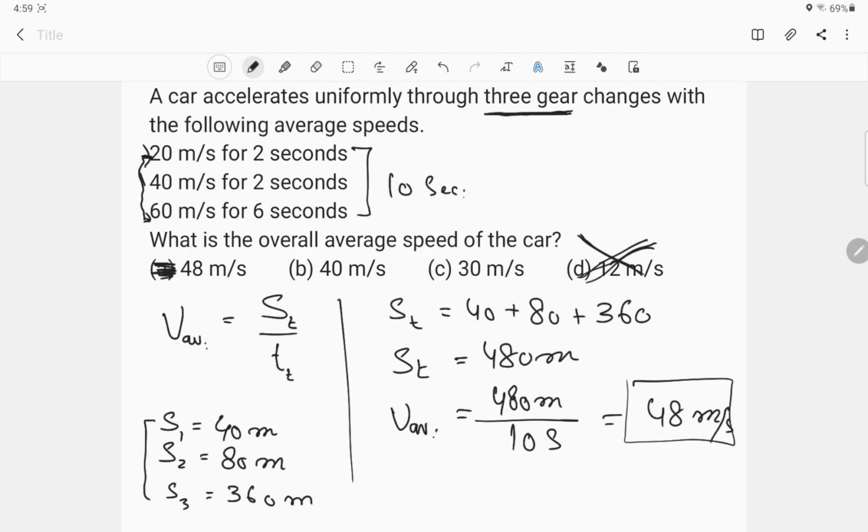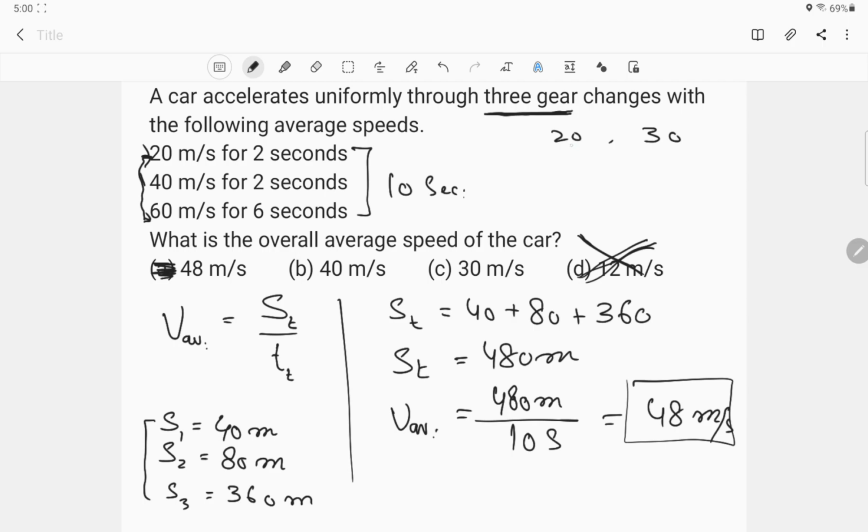Another tip, number 2 for this video: the average velocity in such a case will be near to that value for which the time elapsed by the body is larger. Let's say there are two velocities, one is 20 meter per second, the other one is 30 meter per second.